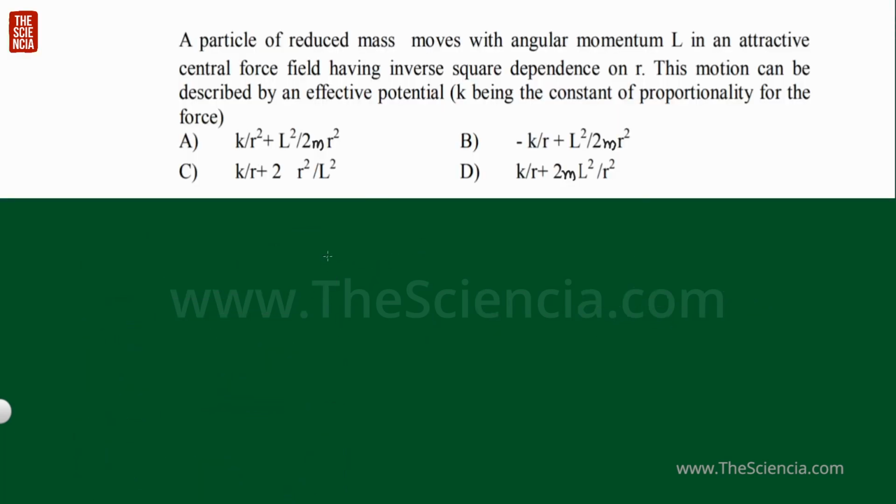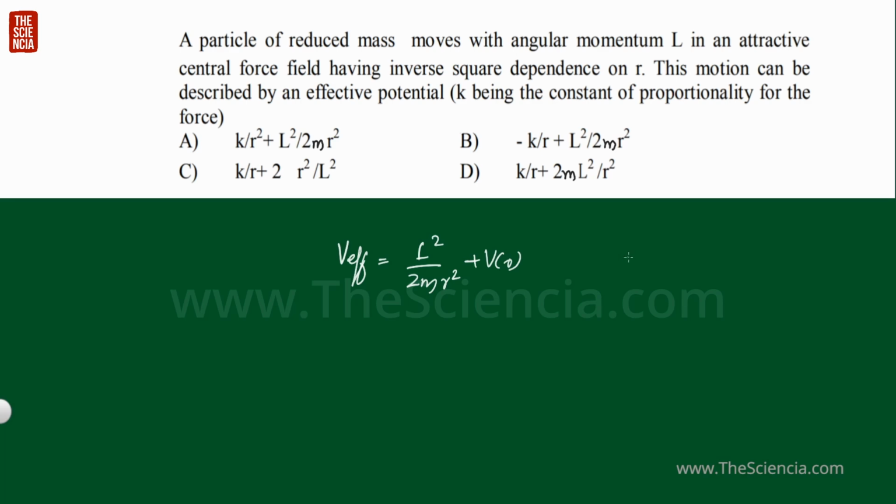This one is a previous set question, and this one is a very easy problem. You see, the effective potential is equal to L square by 2 m r square plus V of r. And in the given problem, they specified the particle is moving in an attractive central force field having inverse square dependence on r. That is gravitational field, right?